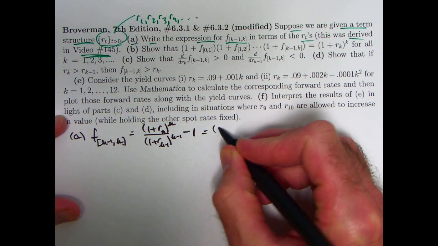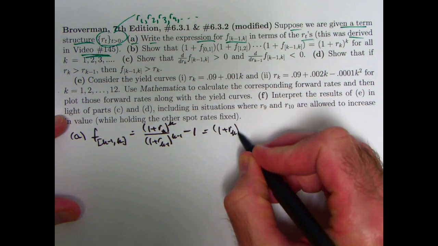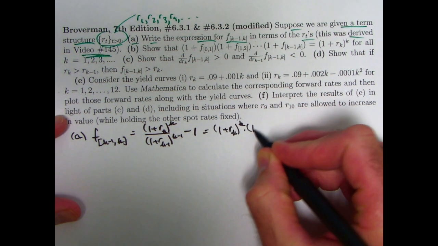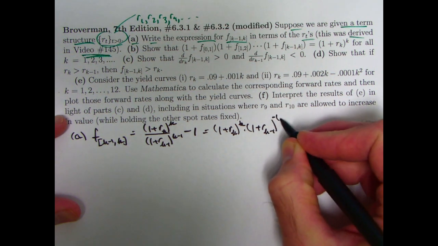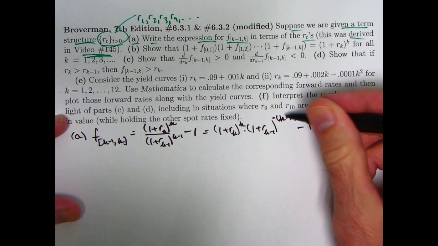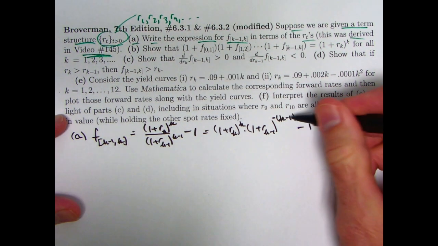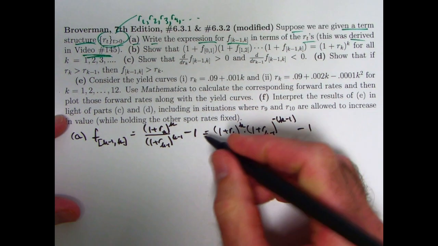We can write this fraction here as a product, 1 plus r_k to the kth power times 1 plus r sub k minus 1 to the negative, in parentheses, k minus 1 power, then minus 1. I also could distribute that minus sign through the parentheses there. I could write a minus k plus 1 as well.